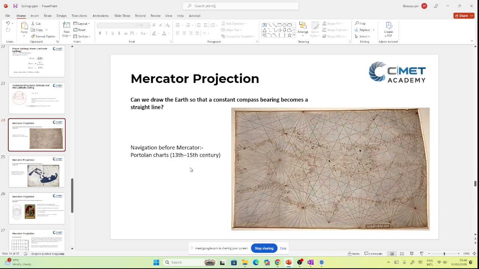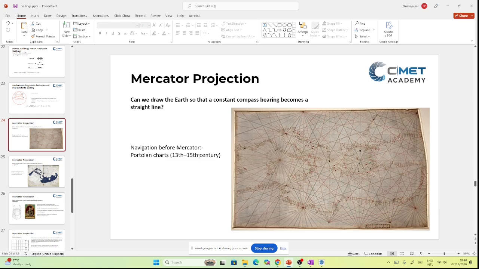Even our ships were there, as I explained in the first session. I'm sure we must have used some kind of charting system, but unfortunately that technology is hidden and gone. It's vanished. So nobody knows how we did navigation in those days.